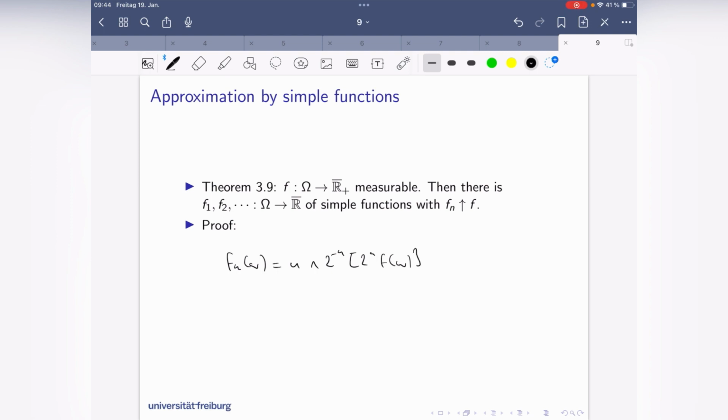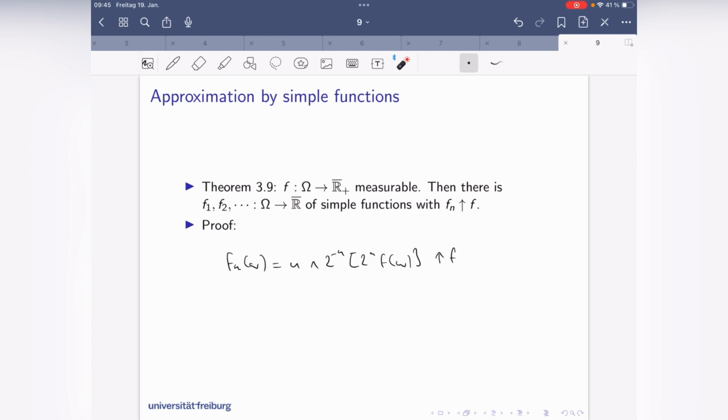We claim first of all that this here increases to f. Well, if n is bigger, then this here won't play a role anymore. And if n is going bigger, well, what does it do? It rounds f of omega to the first n digits in a binary representation of the number.